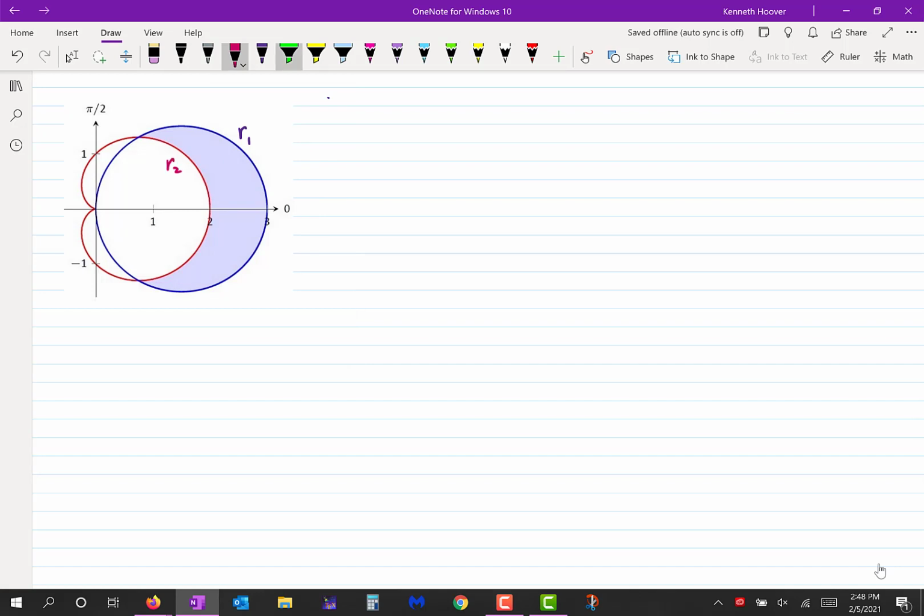Let's call this angle alpha, this angle beta. Then that shaded area would just be 1/2 integral from alpha to beta of R1 squared minus R2 squared d theta.